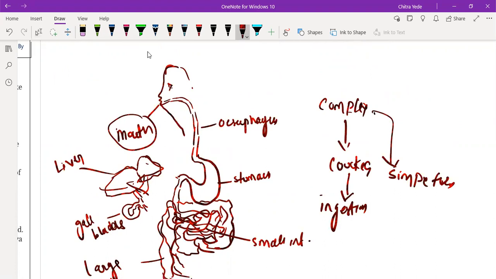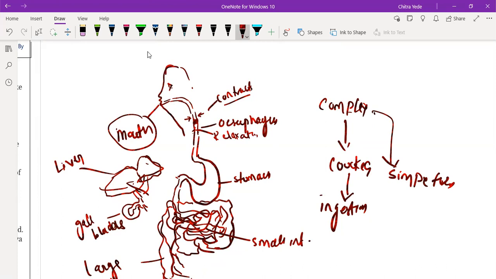See what happens here. Suppose food has reached over here. The muscles above that region contract, and the muscles below the food particle relax. Due to this contraction and relaxation of the esophagus, food is pushed from the esophagus to the stomach.